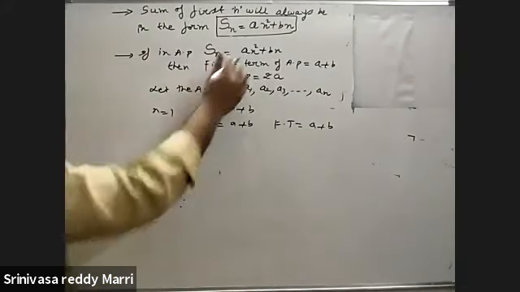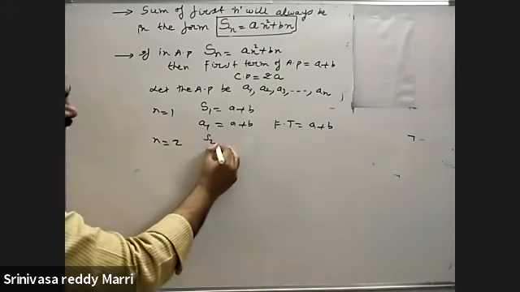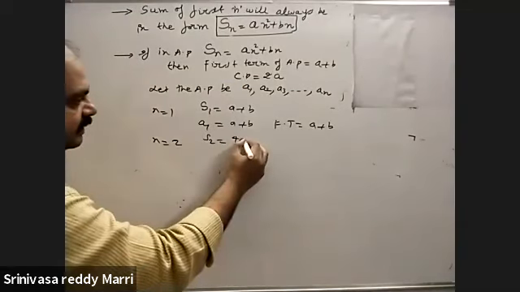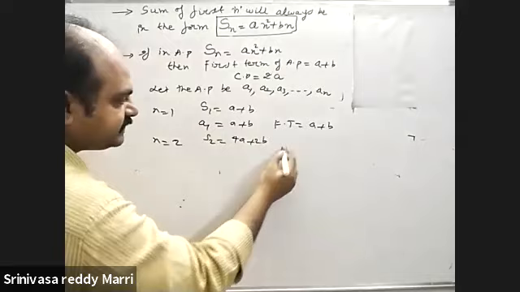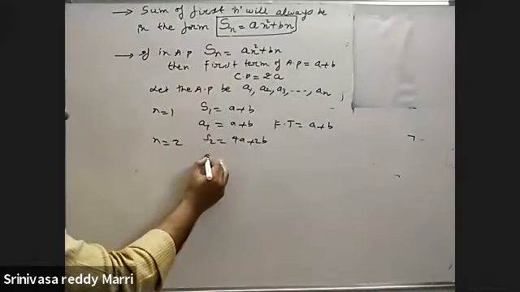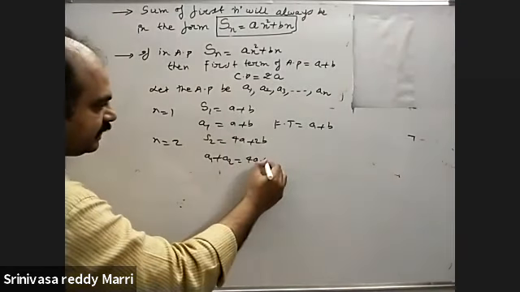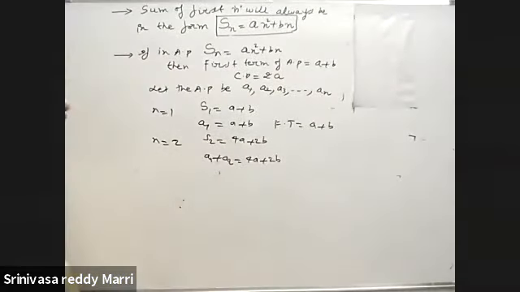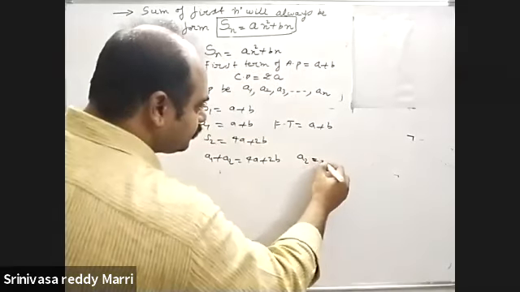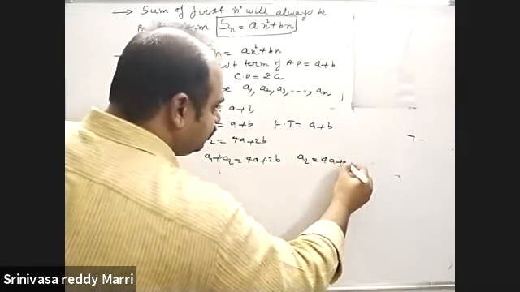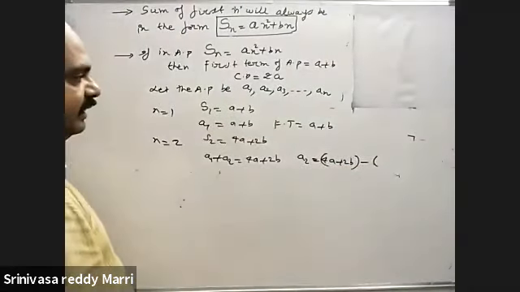Suppose n equal to 2. S2 is nothing but 4A plus 2B. S2 means the sum of two terms, A1 plus A2, which is 4A plus 2B. What is A2? A2 is 4A plus 2B minus A1.